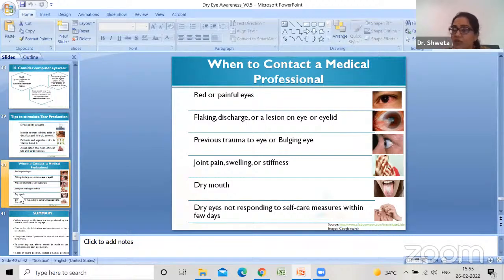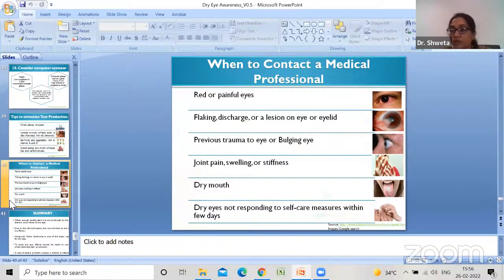If you are following everything that I have told you while using your screen and still your eye becomes red or watery, or you are getting eye pain or headache continuously, or if you are finding blurring of vision at all times during the day, not just while watching the screen but at other times of the day also, then you should contact your eye doctor.